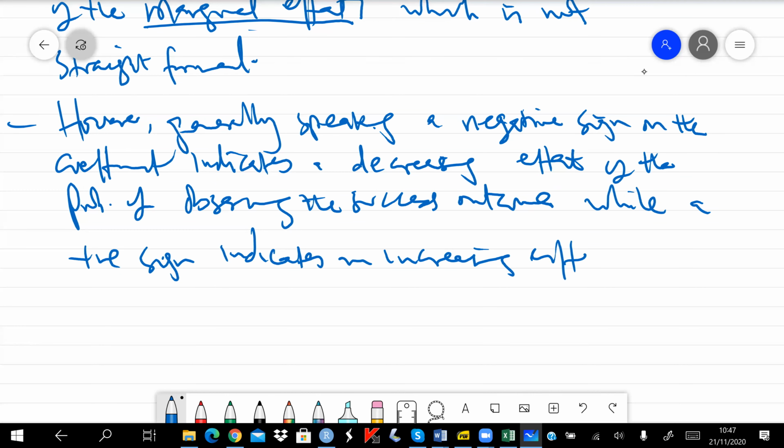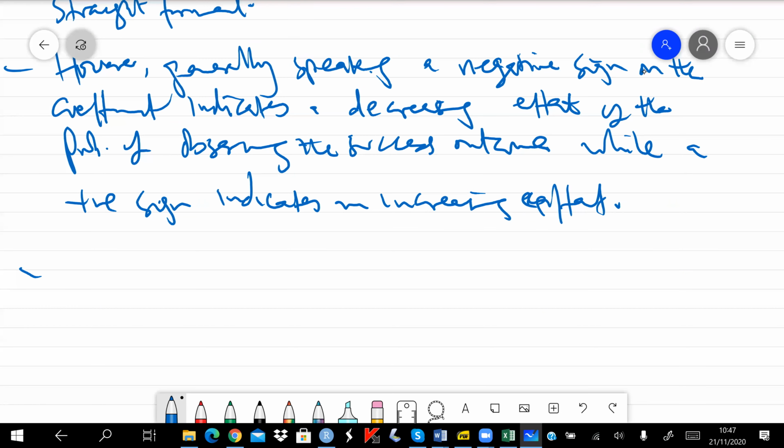So that's a similarity between the interpretation of the linear probability model and the interpretation of the Logit and Probit models. If the coefficient has a negative sign, there's an inverse relationship, and if it's a positive sign, there's a direct relationship between the predicted probability of success and the independent variable in question.